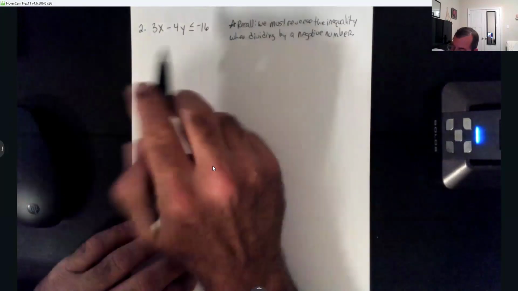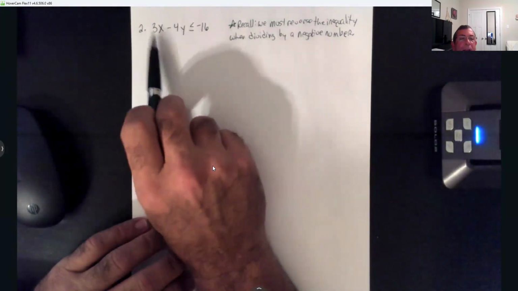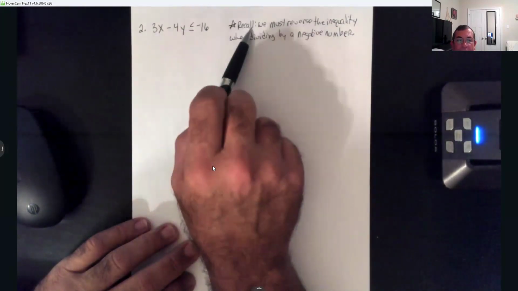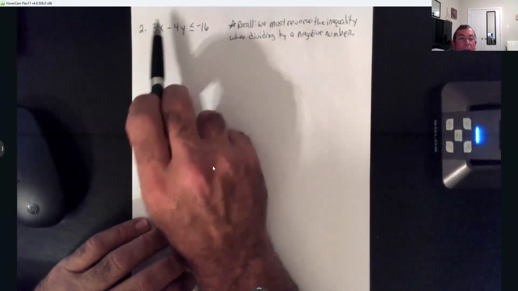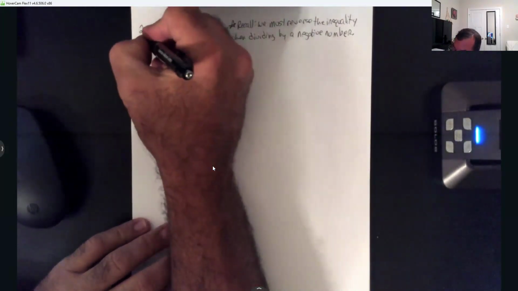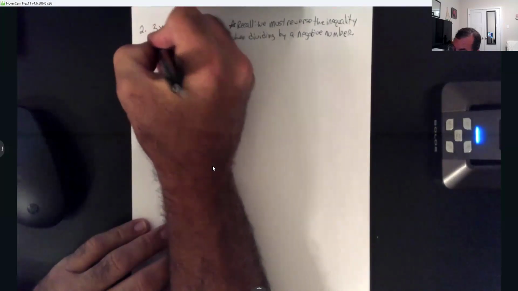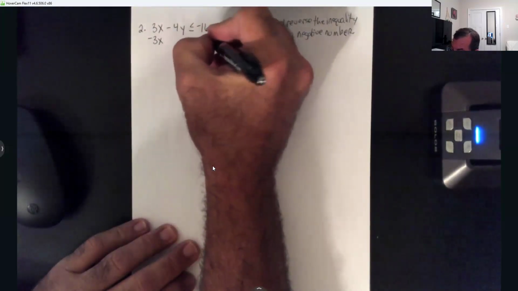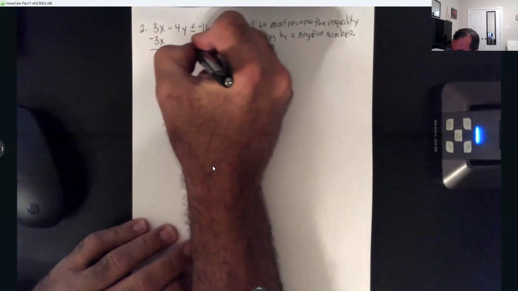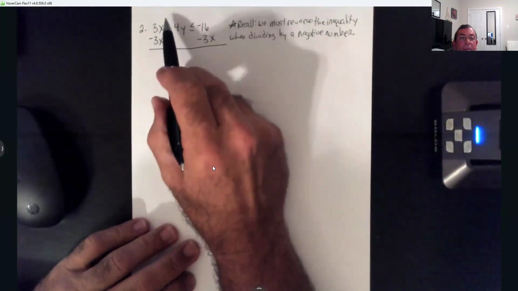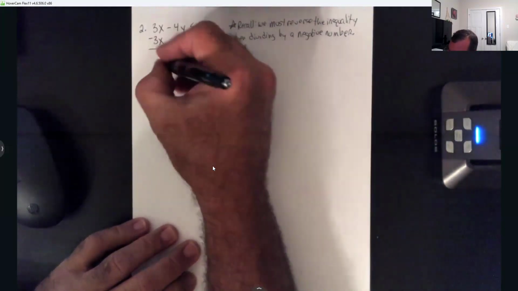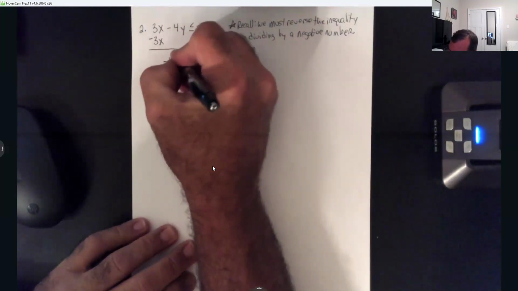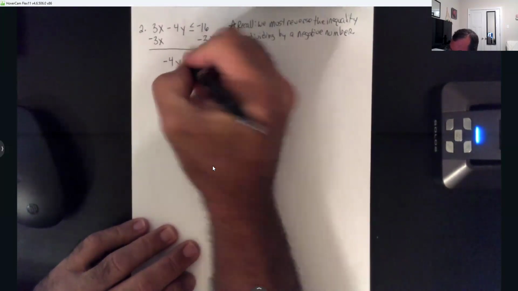All righty, y'all. So I'm going to solve this for the y. So my first step, I need to move this 3x to the other side because I want to get this negative 4y by itself. So since 3x is positive, to move it, we're going to subtract 3x from both sides. So those x's cancel. That's going to leave this negative 4y less than or equals.